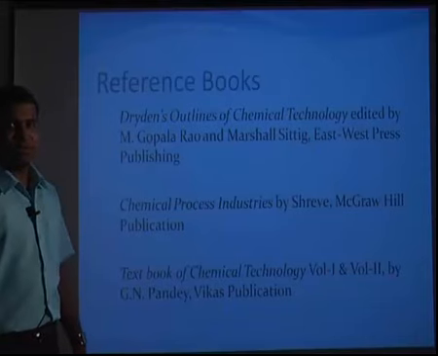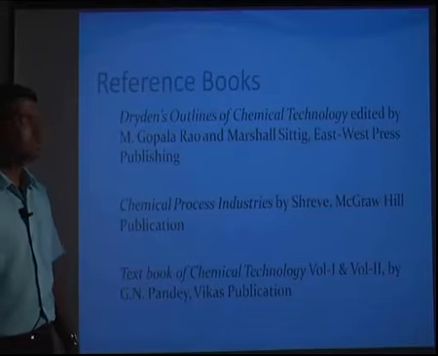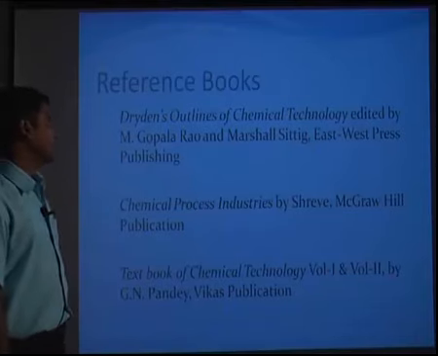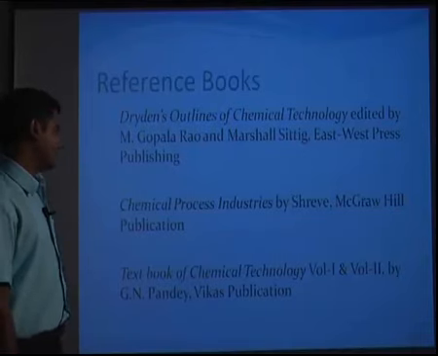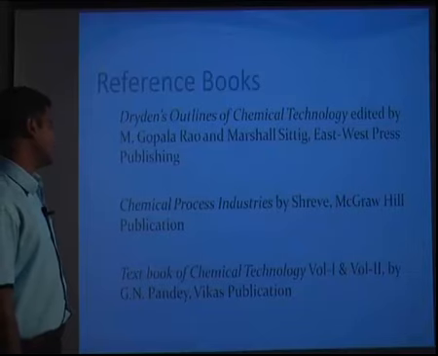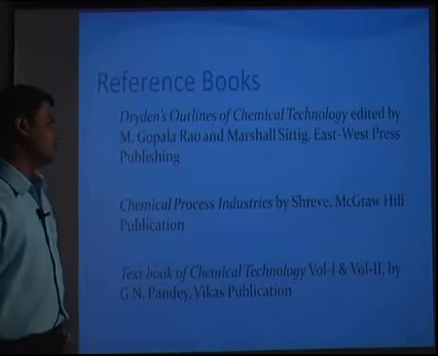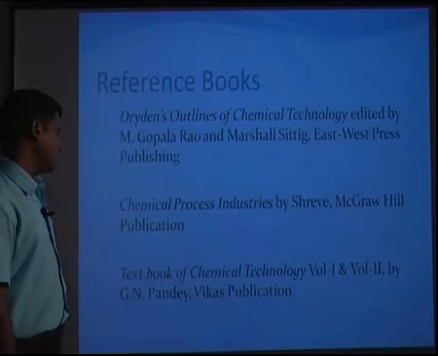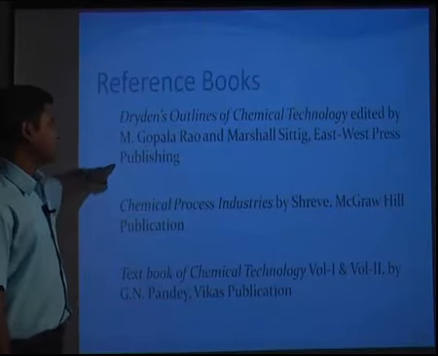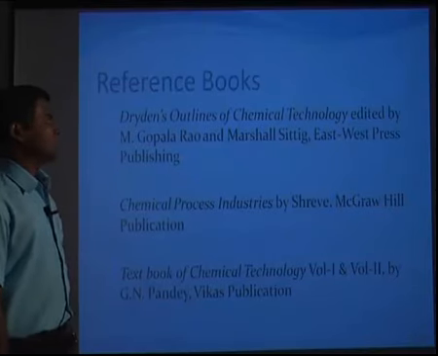The flow diagrams or processes that you can see are mainly referred from Dryden's Outlines of Chemical Technology. Then some topics we will discuss with reference to Chemical Process Industries by Shreve. And some things are also referred from Textbook of Chemical Technology, Volume 1 and Volume 2. But you have to mainly deal with Dryden's Outlines of Chemical Technology.